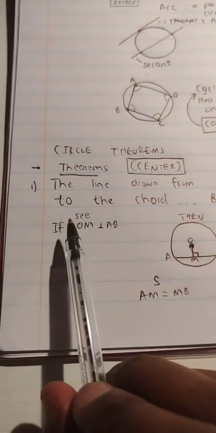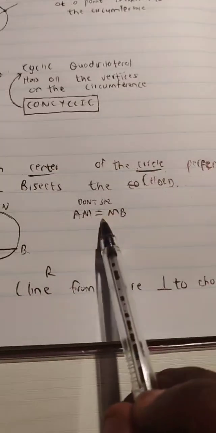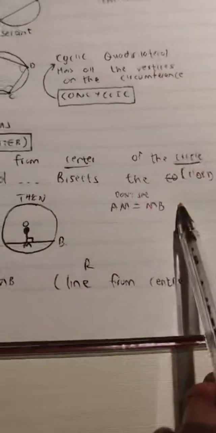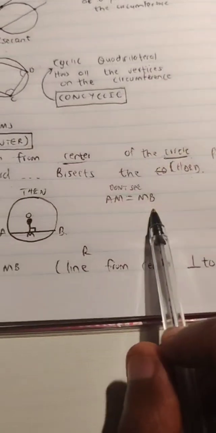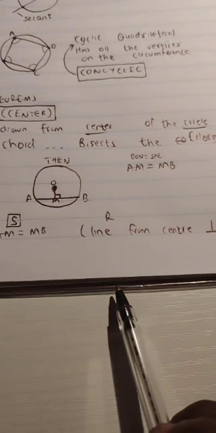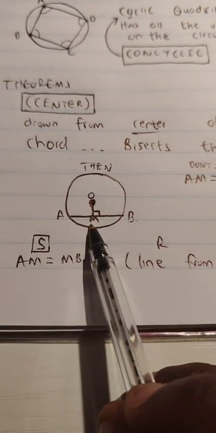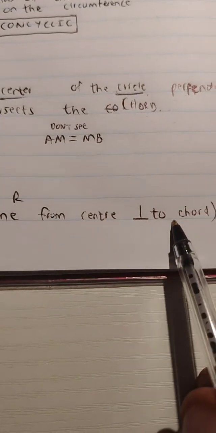This here you don't see in the diagram, but this one you see. In the diagram, what you see is OM being perpendicular to AB. What you don't see is AM being equal to MB. So your statement is something that you don't see, but your reason is what you see in the diagram: line from the center perpendicular to chord.